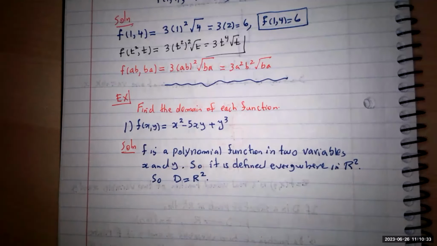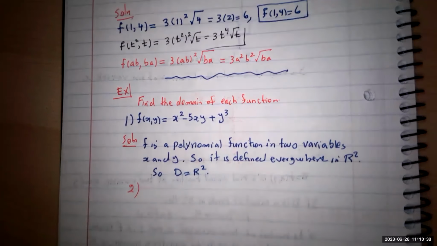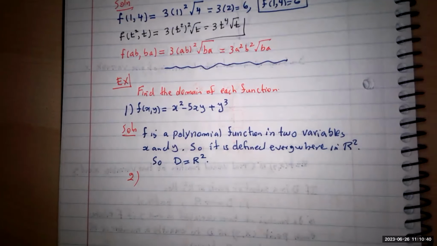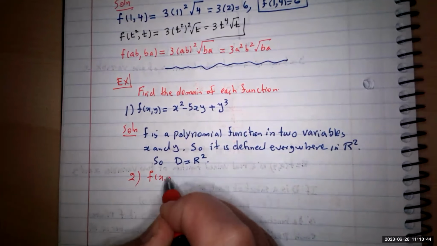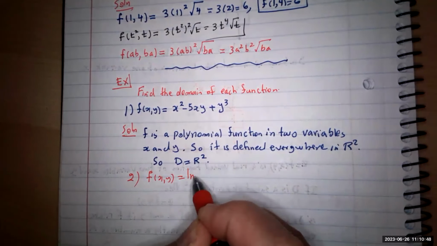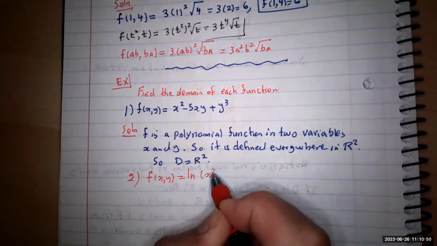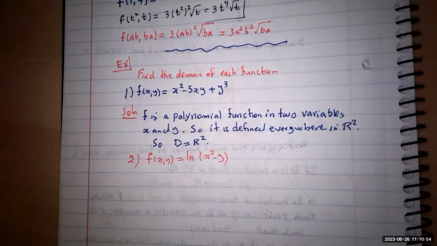The way they put the restriction for you, they usually give you something like the ln function or the radical function. So this is the next case, f of x comma y is going to be ln of x squared minus y. It's a ln function, but with two variables.